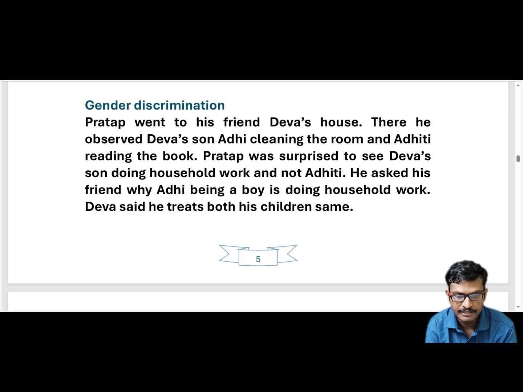The above situation happens very often, and cooking and other household work are considered women's work. Familiar statements like 'men don't cry, women are soft and gentle' are some of the statements we hear constantly, which is called gender discrimination.